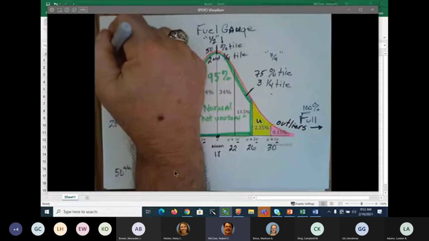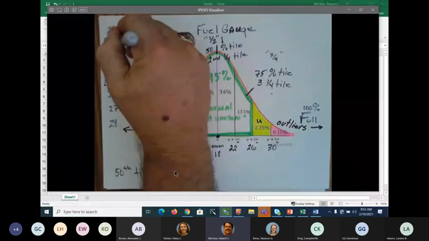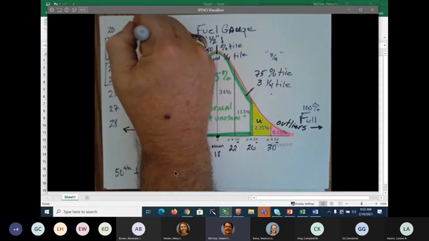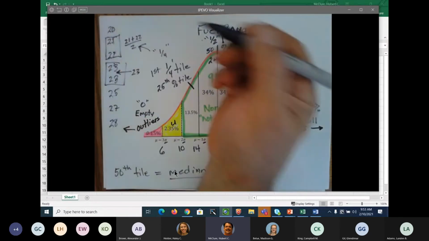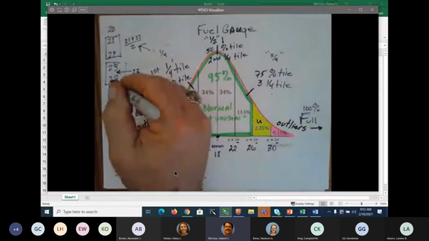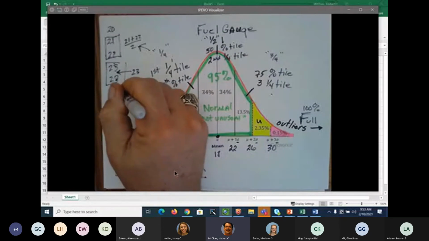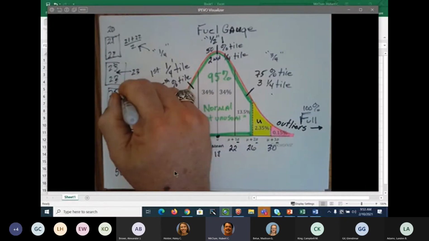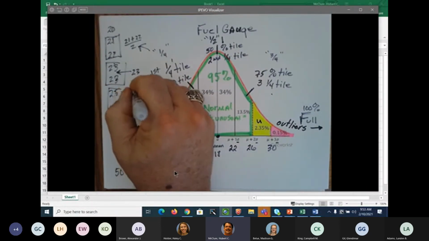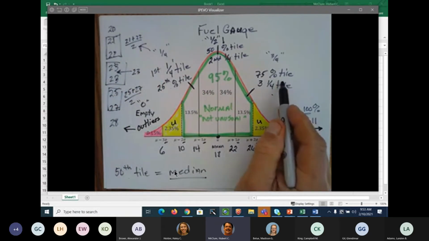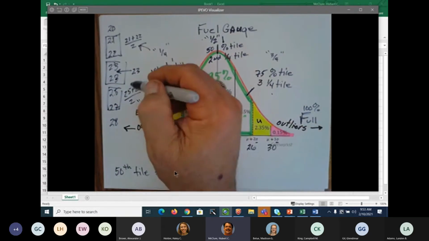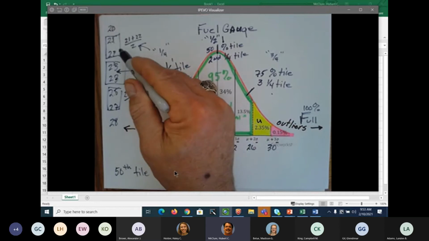So the first quartile is 21 plus 22 divided by 2. Your third quartile, 1, 2, 3, 4, is these two numbers. That's 25 plus 27 divided by 2. That's your third quartile. And that's if you have a list of numbers.